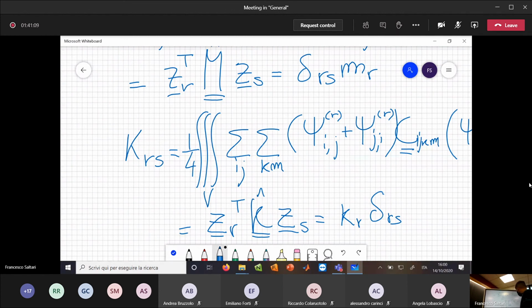So we were able to get the modal mass matrix and the modal stiffness matrix by means of two different procedures.